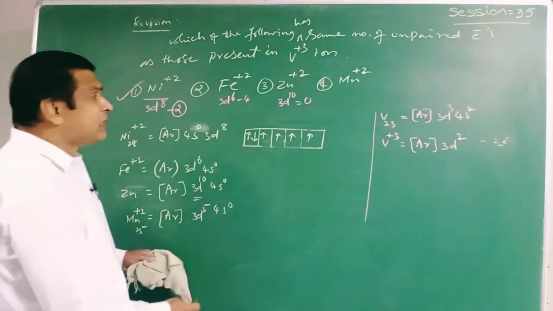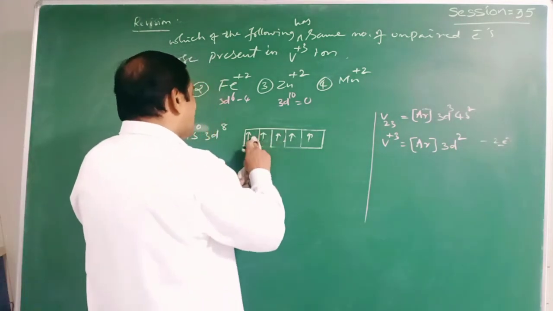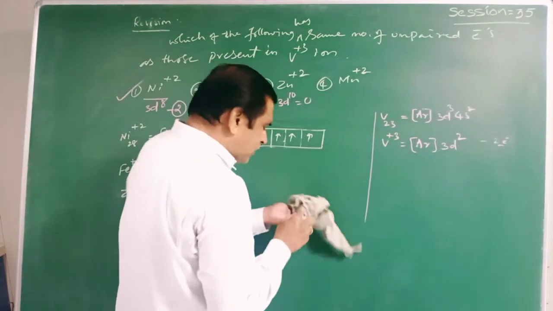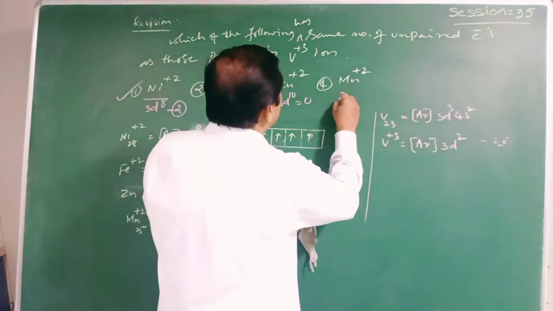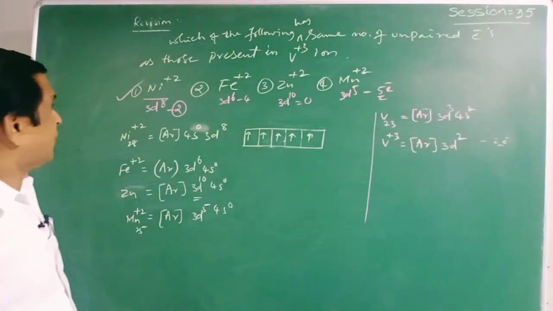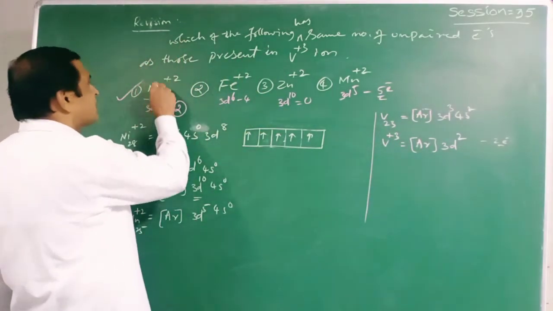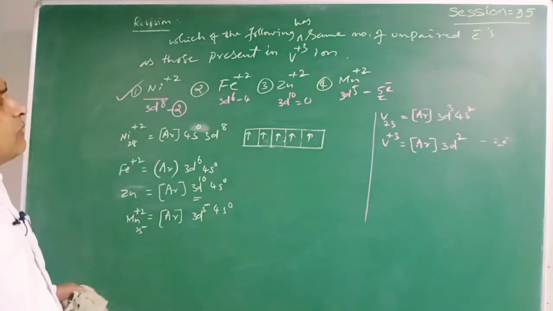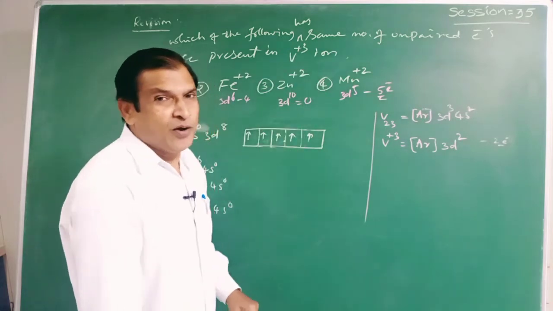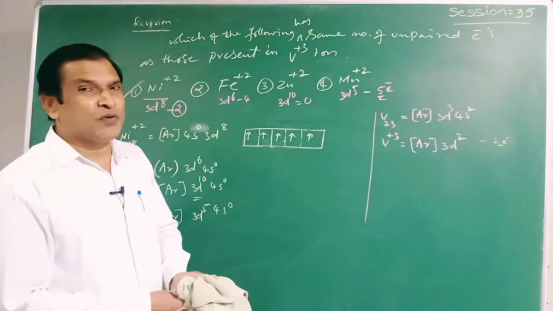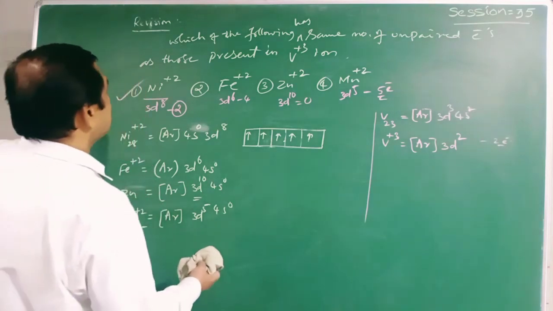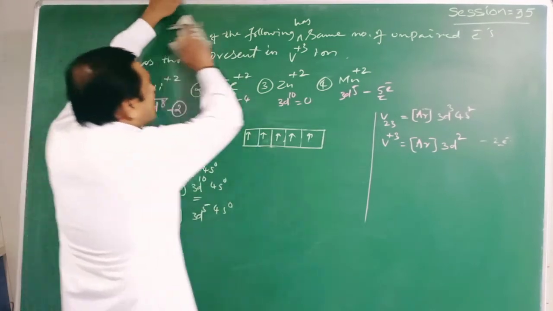All the d orbitals contain 1 electron each, so it has the maximum number of unpaired electrons, 5. So the answer is nickel plus 2, which contains the same number of unpaired electrons as vanadium plus 3 ion. This question is also important from the objective examination point of view. Next, let us take another concept.